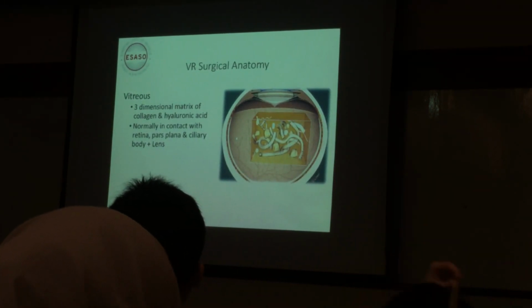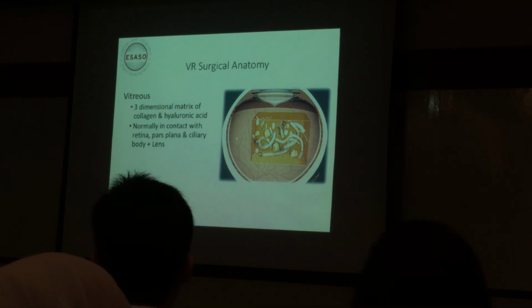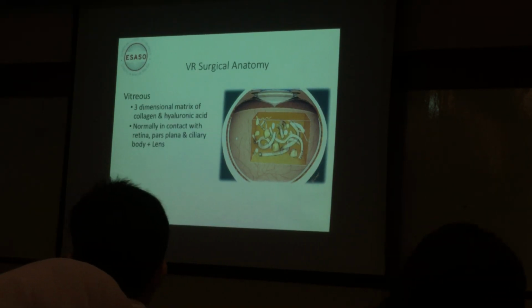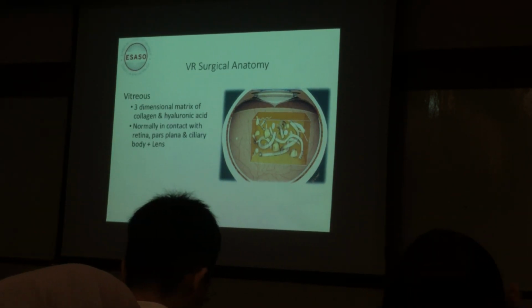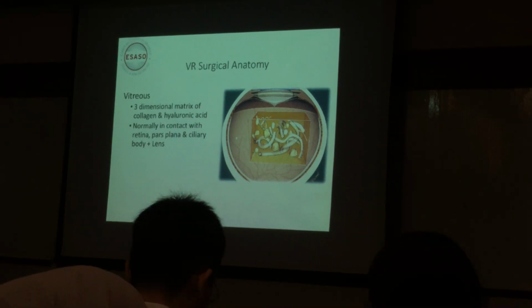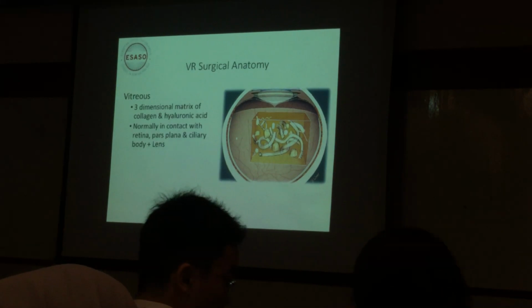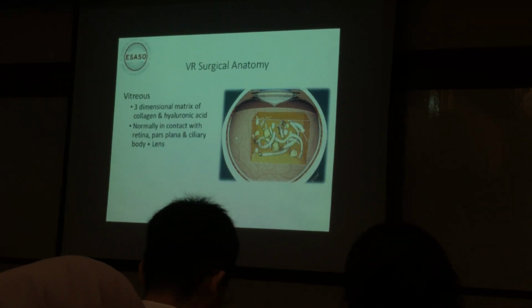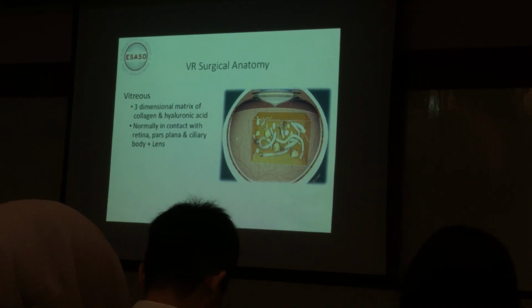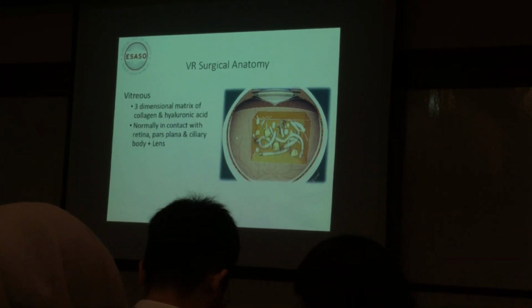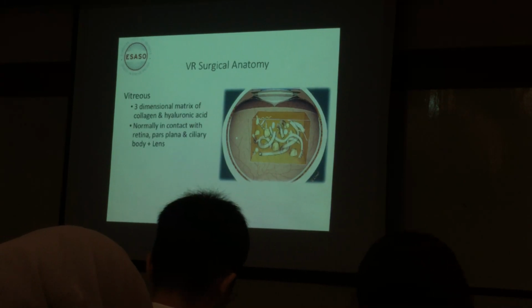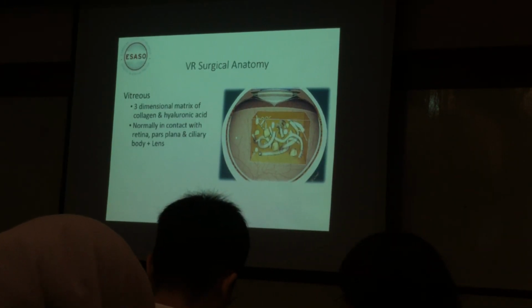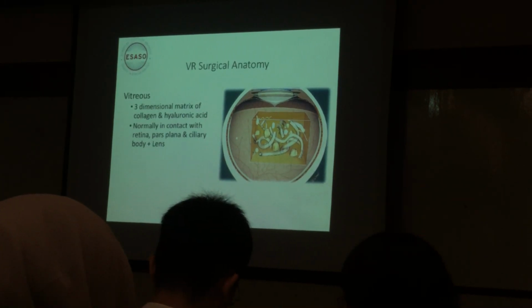So in terms of the surgical anatomy, I assume all of you are very conversant in terms of the structure, the makeup of vitreous. It looks like such an unimportant part of the anatomy, but for vitreoretinal surgeons, it's probably one of the most important because it determines a lot of the outcomes and pathology that goes on within these vitreoretinal conditions.